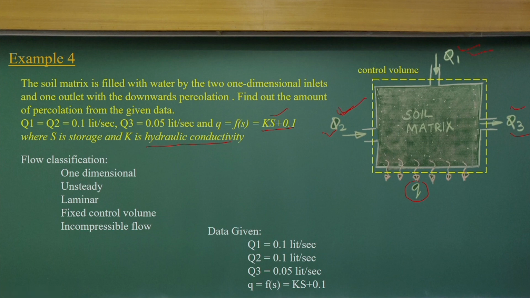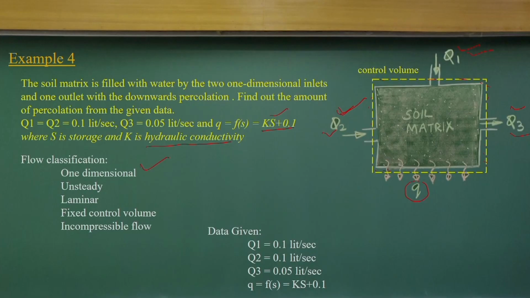I have taken this as my control volume; the yellow color is the control volume. Before applying conservation of mass, I should classify the problem. The nature of the problem is a one dimensional flow. The flow across this control surface can be considered one dimensional, unsteady, laminar, with a fixed control volume and incompressible flow. These are the flow classifications, or you can say the assumptions, which help us simplify the problem.